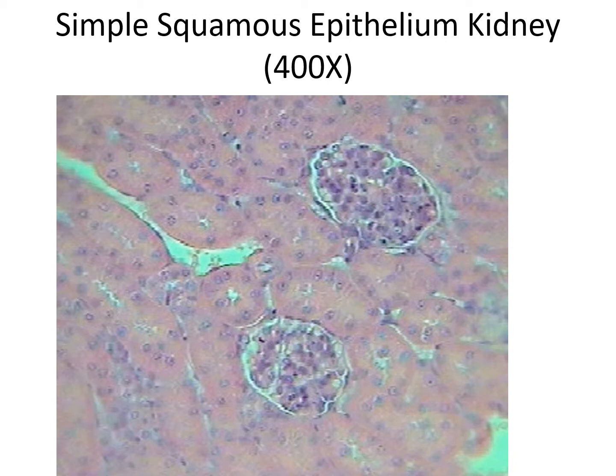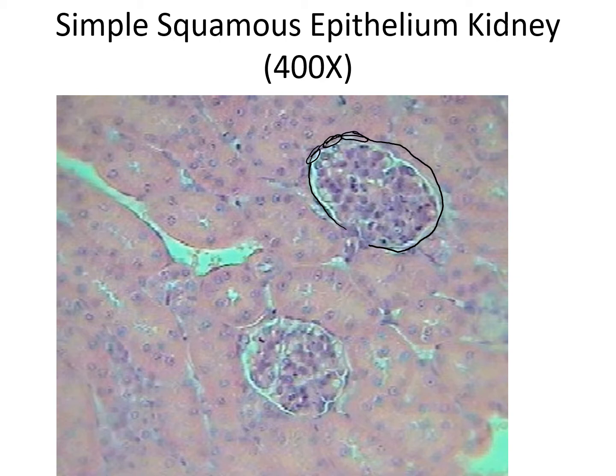And organs are made from more than one tissue type. That's why it's important to look at this slide and see where exactly my simple squamous is, and that's where your simple squamous would be, right? So here, this structure is called glomerulus, and what lines the wall of glomerulus are simple squamous cells.